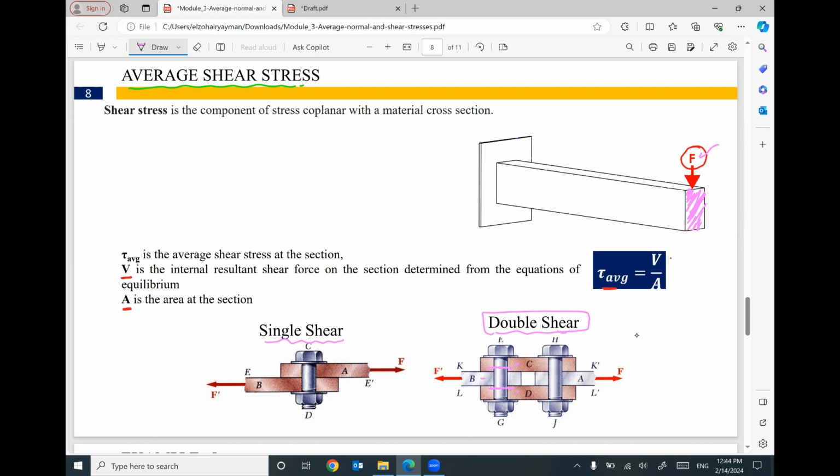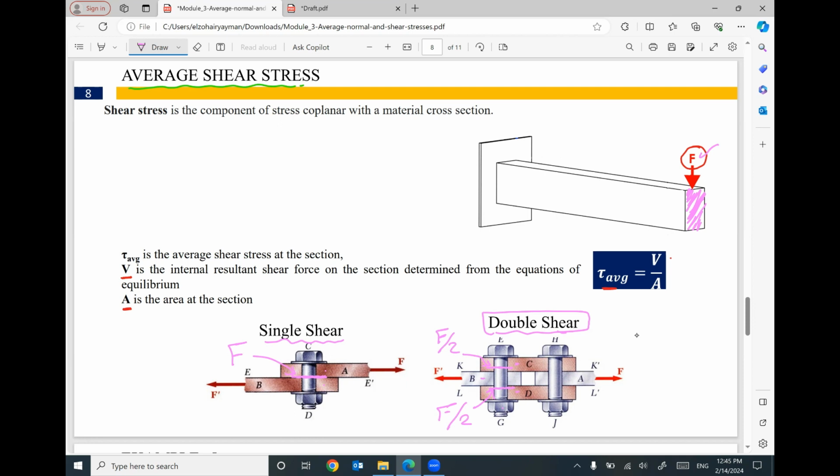But this one is connecting between two plates only, so we expect shearing at this surface between the two plates, so it will be single shear. What is the main difference between both of them? It's very important to understand that this section will support only half of the applied force, and this one will support only half of the applied force. But in this one, this shearing surface will support the whole force, F.